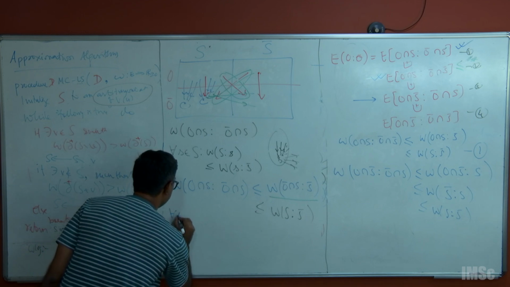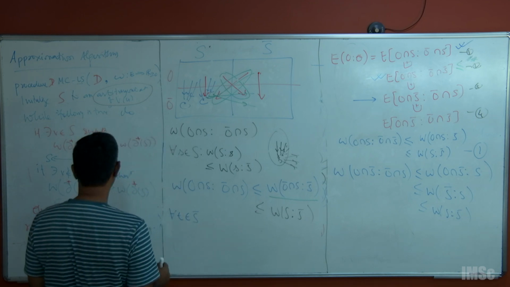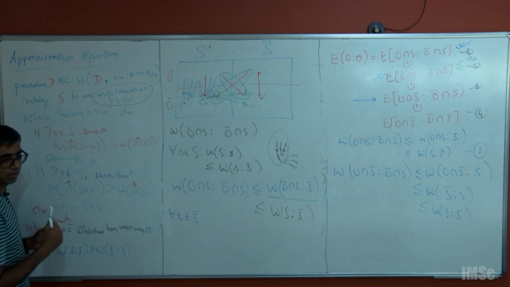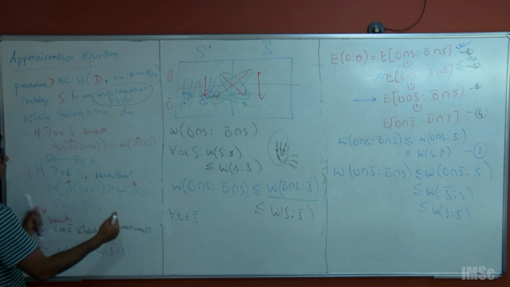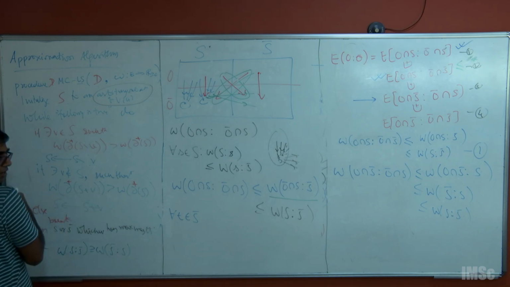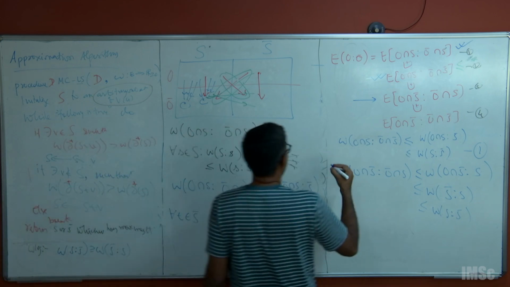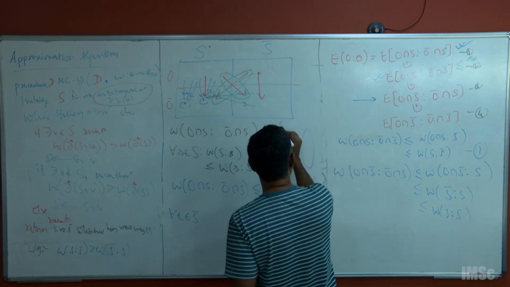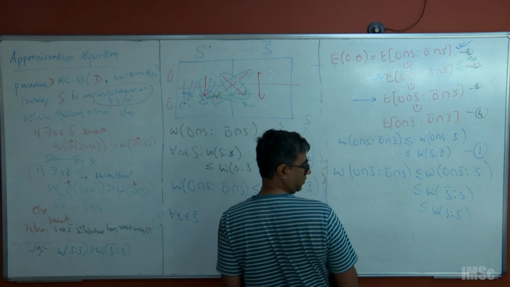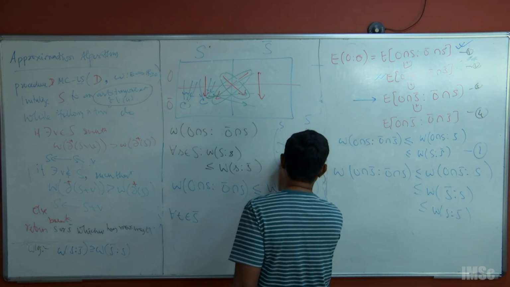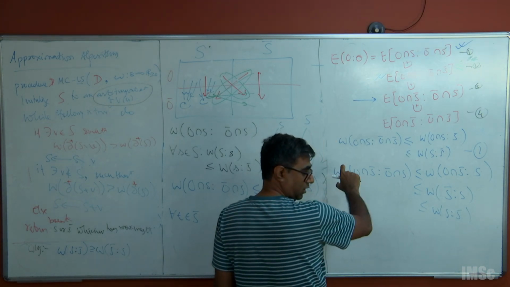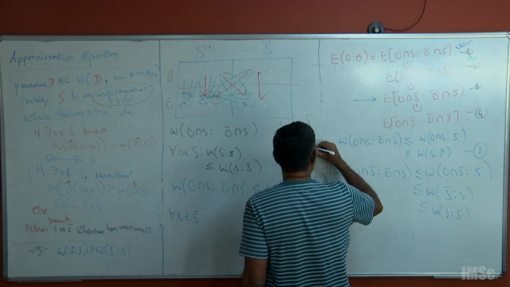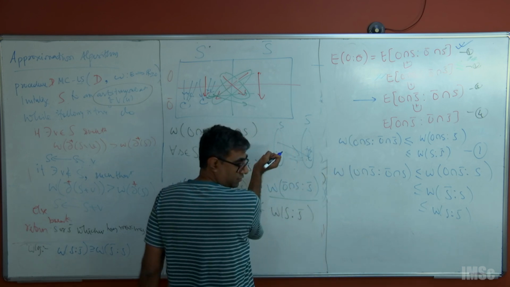So now let's write down what else do I know. For all t in S bar, why are we not able to move him to S? Because here is S and S bar, here is t. At this point, this is what is coming to him, which is contributing. And if you move him here, this is what will start to contribute.